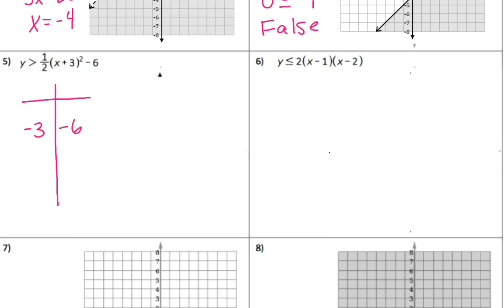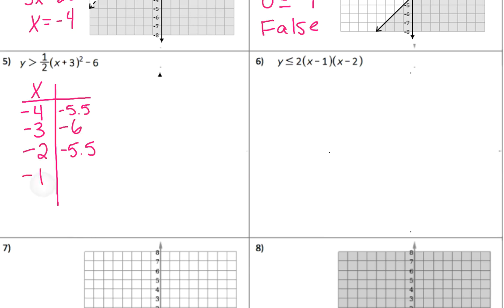And then I'm just going to find some points around it. So if I plug in a negative 4 for the x value, I would get an output, and again, you can use your calculator to do this, do it in your head, whatever you need. I would get an output of negative 5.5. That means, remember, because of symmetry, that negative 2 would have the same output. So that gives me an idea of kind of where my parabola is going.